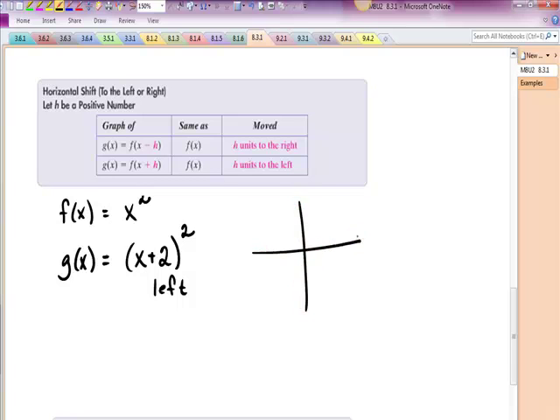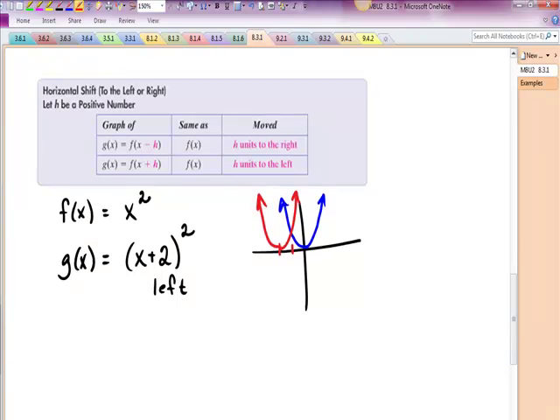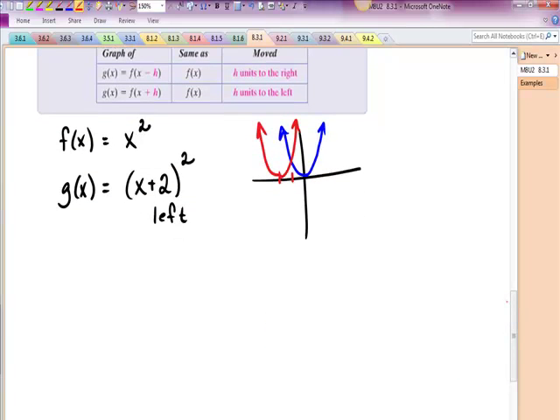So in blue, the original looks kind of like this. If I add 2, and I add the 2 to the x's before they get squared, it shifts to the left. I know that you think a plus would go to the right. It does the opposite of what you expect.